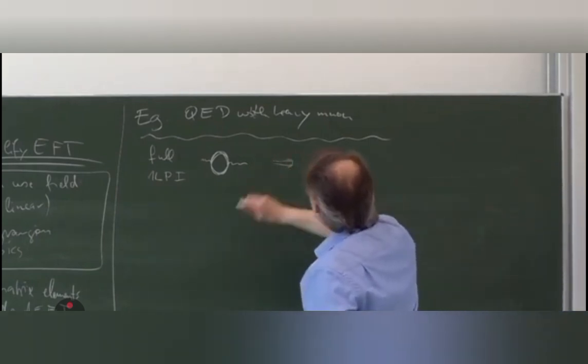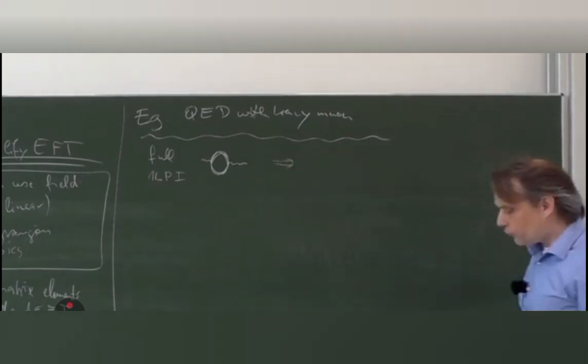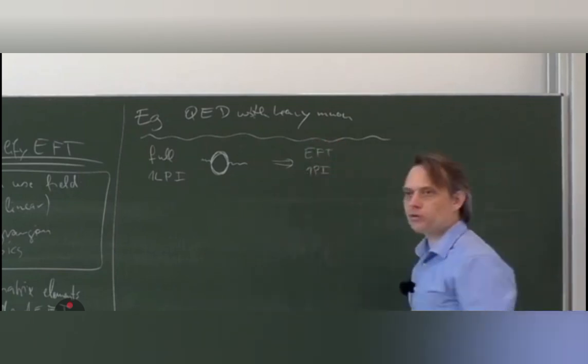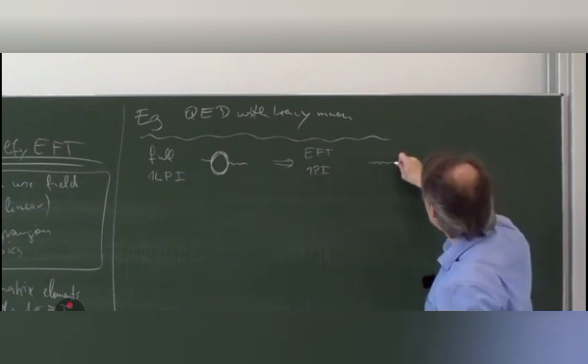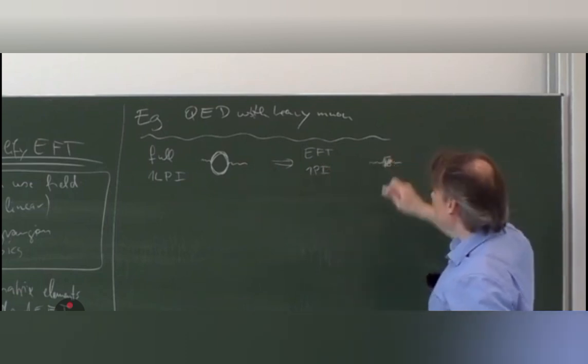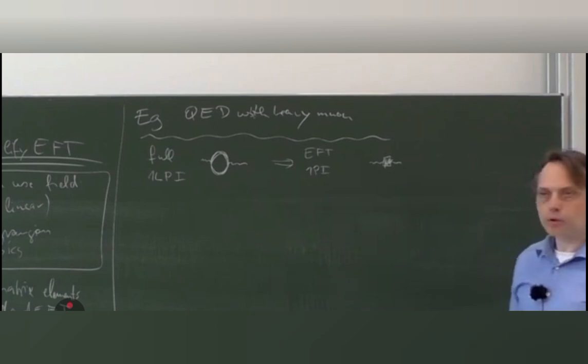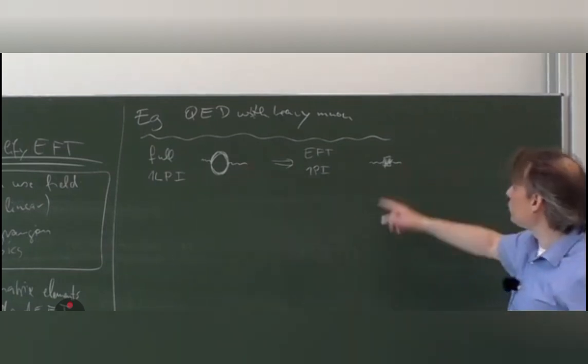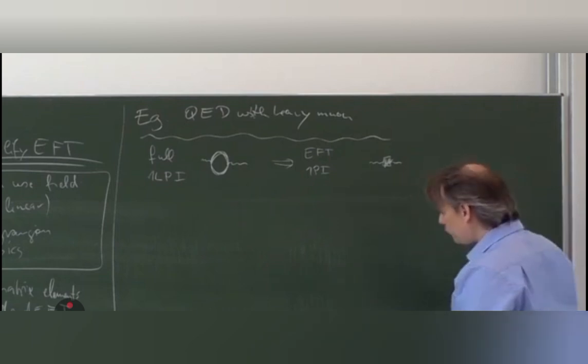We have also seen just 20 minutes ago that we can describe this by an EFT one particle irreducible diagram, namely by this Feynman diagram here, which is a local EFT vertex, because that diagram can be Taylor expanded and therefore it can be expressed as a local EFT vertex.